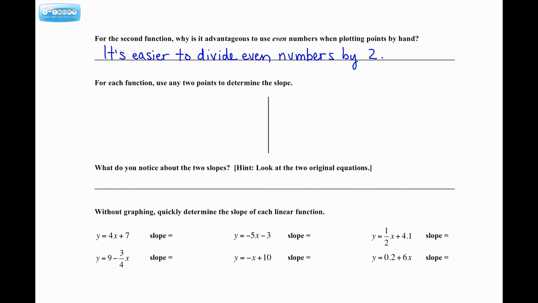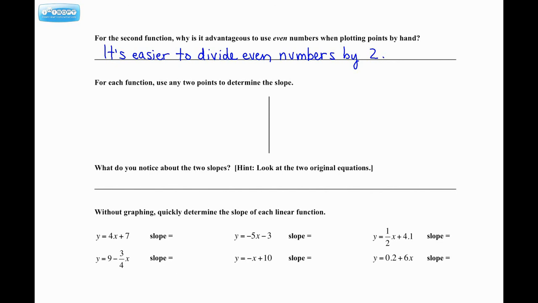All right. Now it says for each function use any 2 points to determine the slope. So this is something that you should be familiar with. From each table of values we have 5 points. Choose any 2 of them you want. It totally doesn't matter.